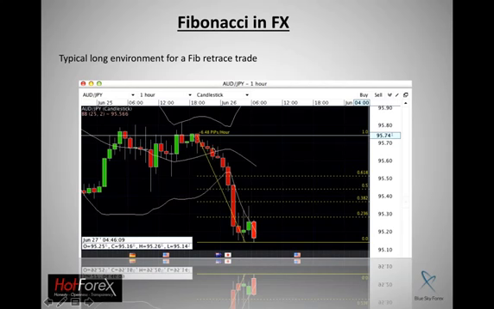Okay, it's rare, but it's the other way around where you start from the pre-drop and you draw it to the drop. As long as the 23%, 38, 50% are near the low, you know you've drawn it correctly. And with the opposite, you would draw it from the rise, right, where you're starting to see exhaustion, till the beginning of the rise for a long.